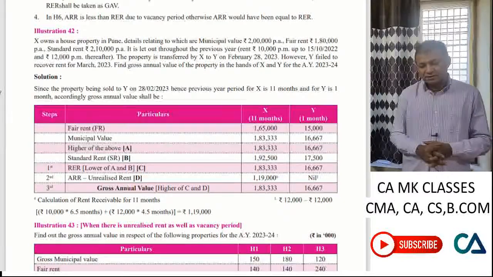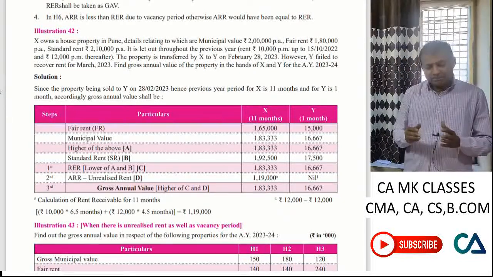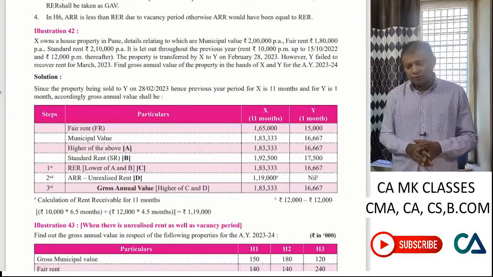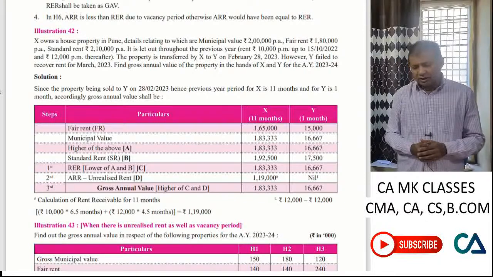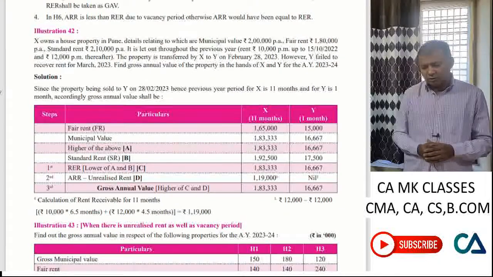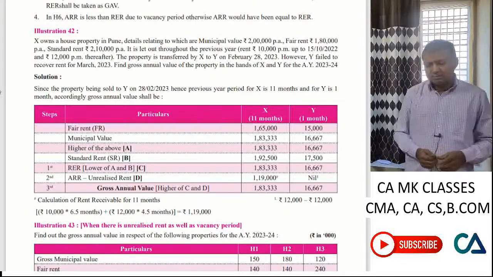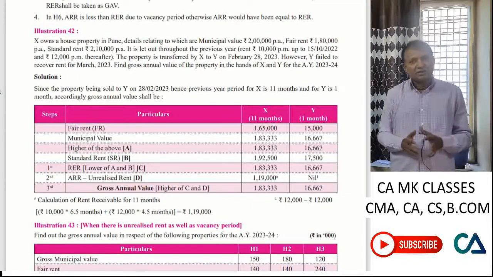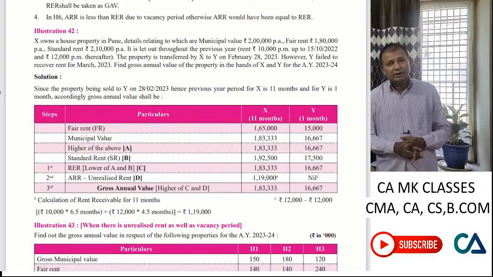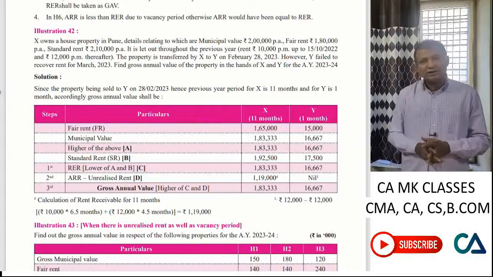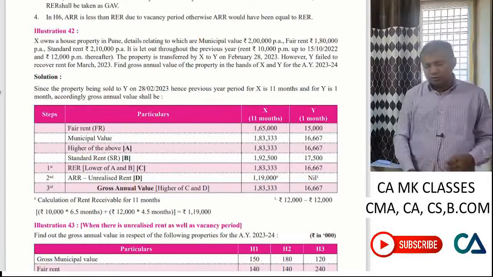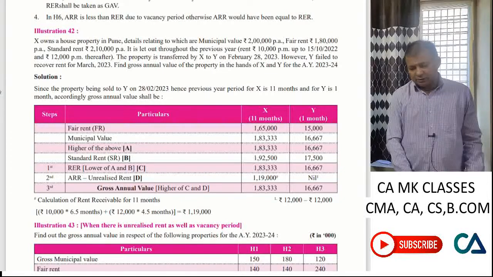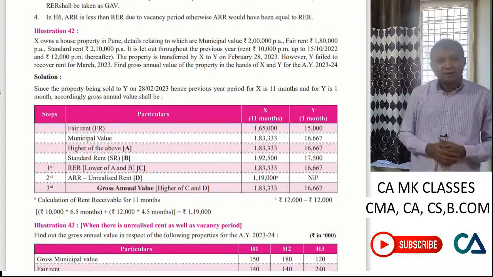So friends, in problem number 42, we are going to find out the gross annual value of the property. Please pay attention to the question and note it down, so that it will be easier to follow.